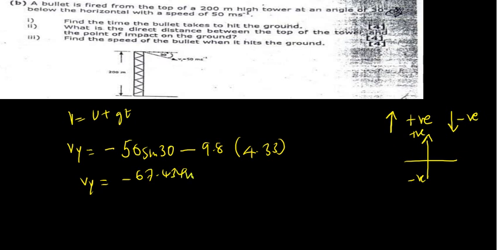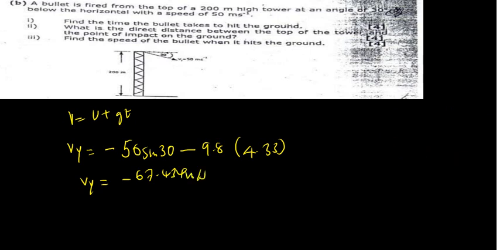So that will be 50 sin 30, and then minus g is also going to be negative, because we are taking motion going down as negative. So that will be negative 9.8 multiplied by t, which is the time of flight, which we've calculated already as 4.33. Therefore, vy is going to give us negative 67.434 meters per second.